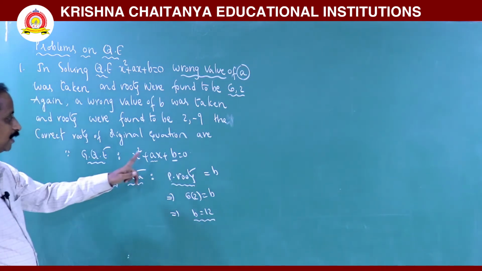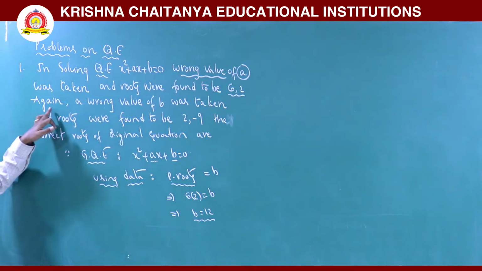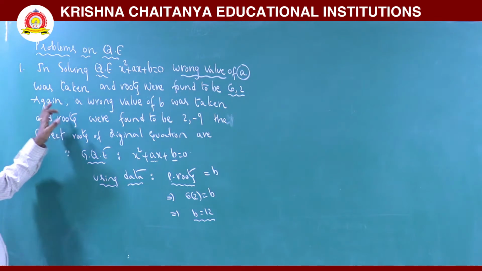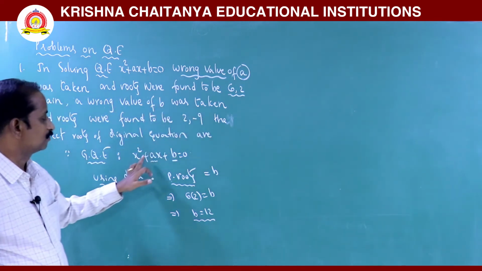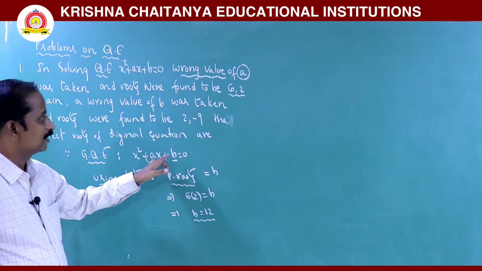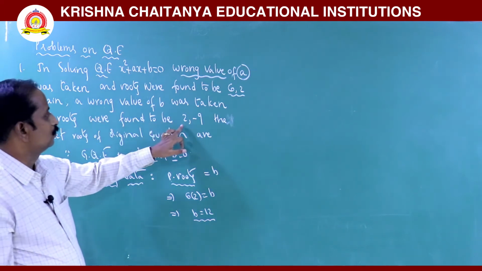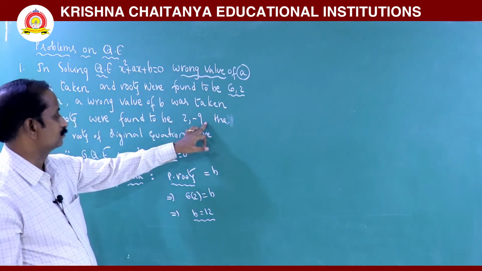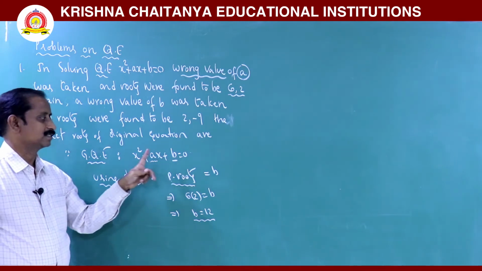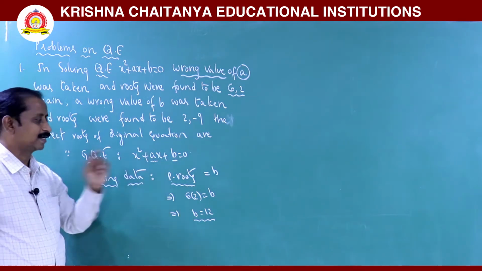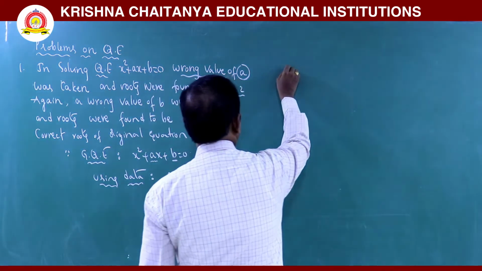Now, to get the value of a using the data, continue the problem. Again a wrong value of b was taken. So, in this quadratic equation, b is taken as wrong when the roots are 2, -9. So, b is wrong means the sum of the roots is correct.